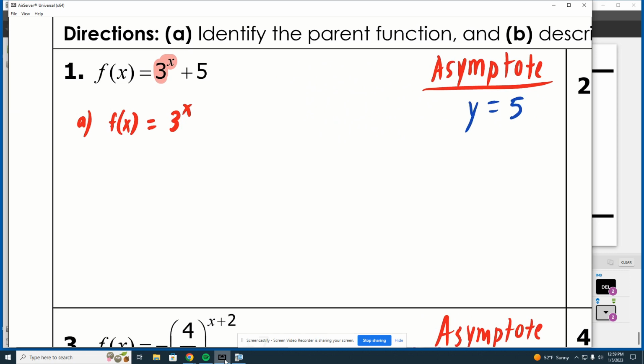Anything that's not the base with its exponent is a transformation. So, how many does this one have? It just has that 1, and it's plus 5. Where's it at? Outside, so it's vertical. So what's a positive 5 vertical shift? It shifts up 5, which is exactly why it changed our asymptote. So that's all you need for number 1.